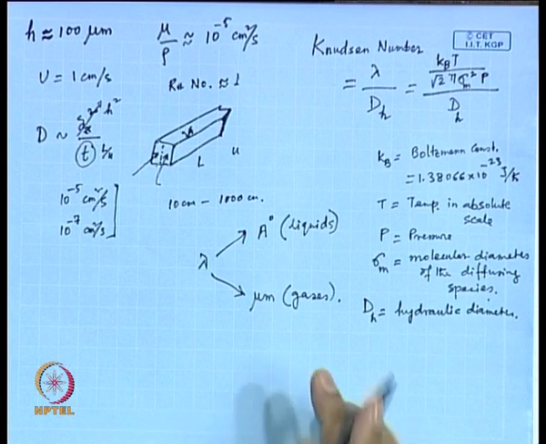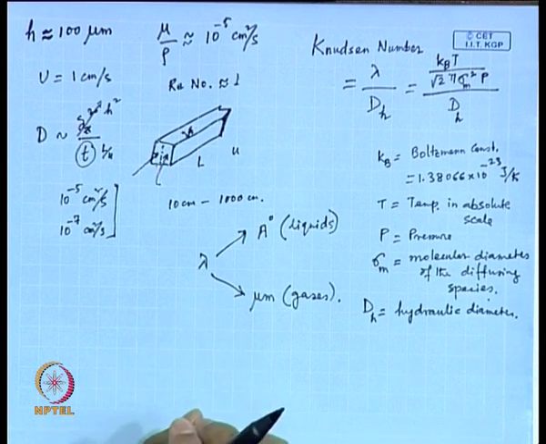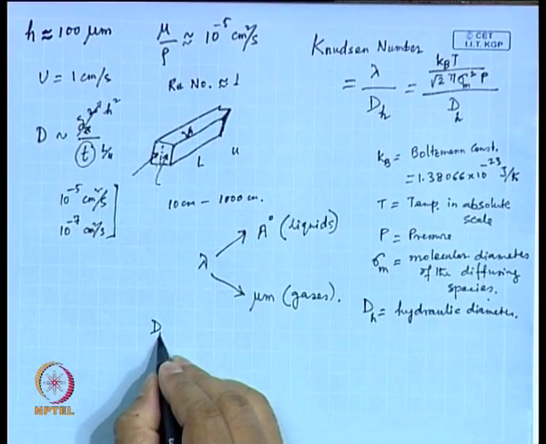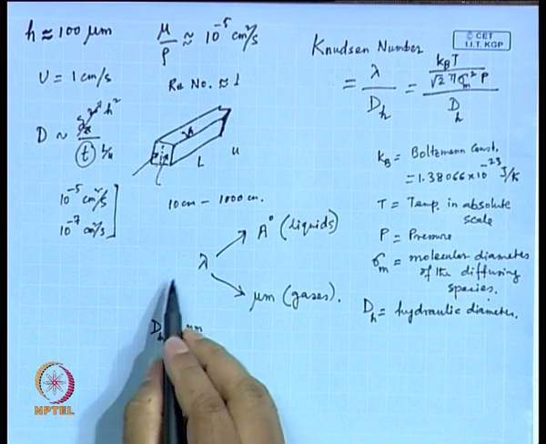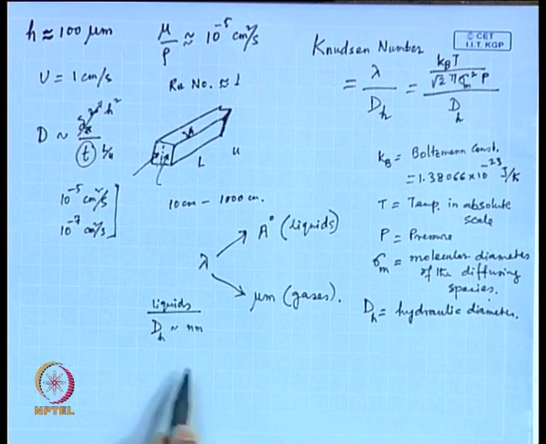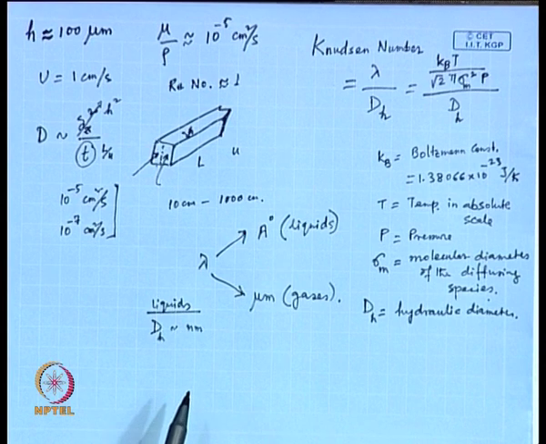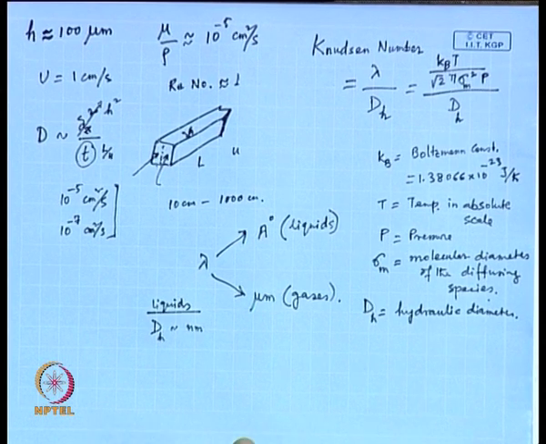We are talking about this dH. Knudsen number will be important for liquids if the dH is of the order of nanometer. For liquids, if the dH is of the order of nanometer, then you can consider the Knudsen number to be important. But that does not come under the purview of this microscale process.